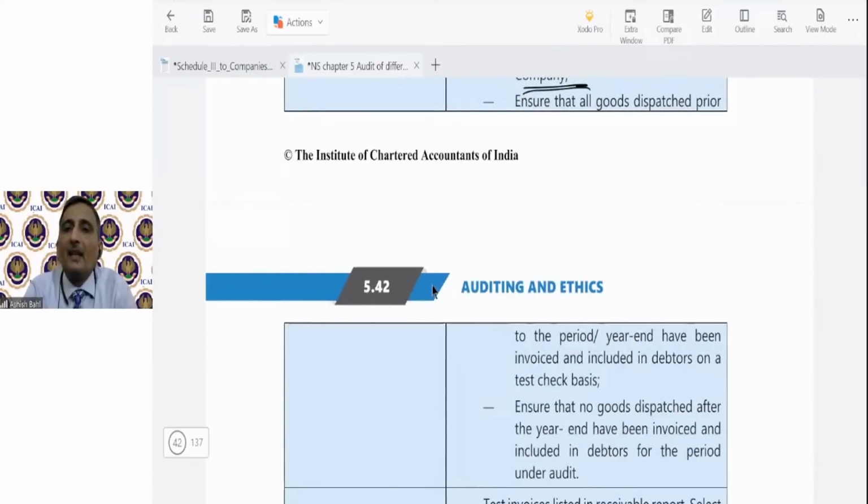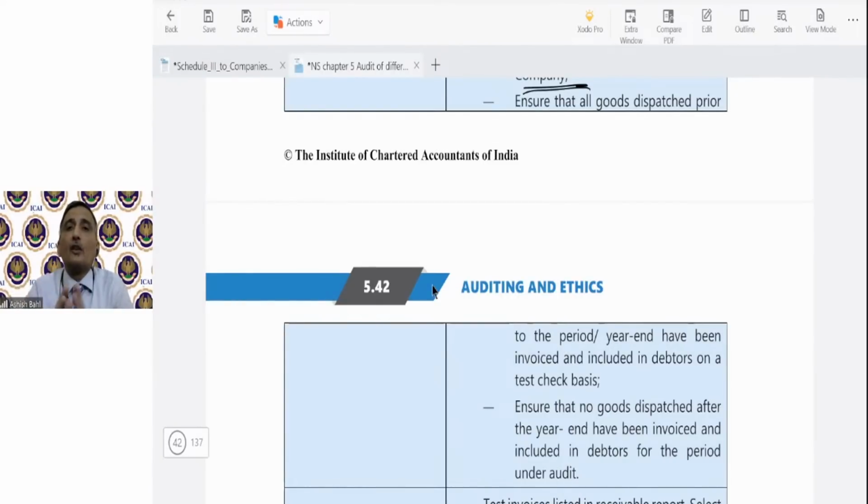So again, similar thing, that ensure that all goods dispatched prior to the year end have been invoiced. So it may so happen that some goods have been dispatched as on, say, 30th March, but invoice has not been raised. Invoice has been raised on, say, 1st April. It may so happen.